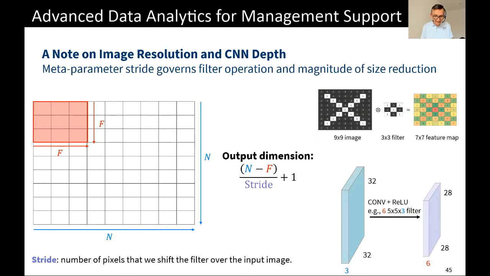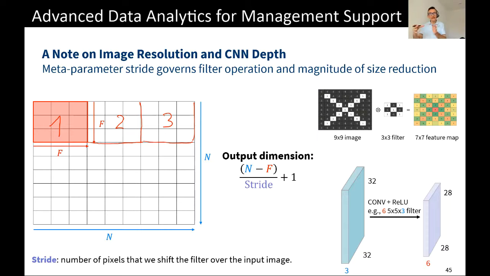And on the other hand, say we set the stride equal to 3. Then this is basically our first output. And then we shifted 3 columns. So that would be our next. And here is one more, right?